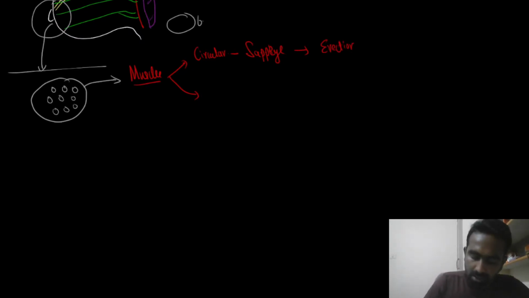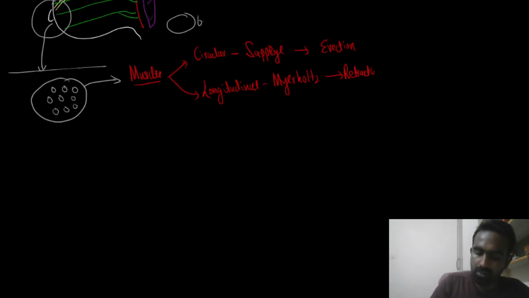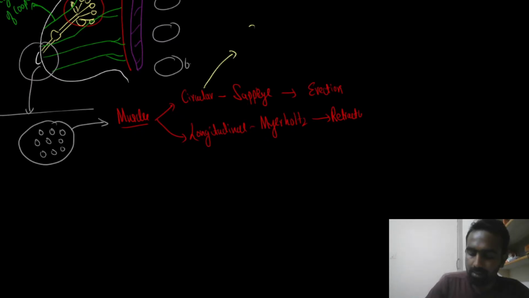The other is the longitudinal muscles, also called Meyerholz muscles, which help in nipple retraction. Yesterday I also told how to remember: circular muscles, Sappey's, C S E for erection, and longitudinal muscles, Meyerholz, for retraction.